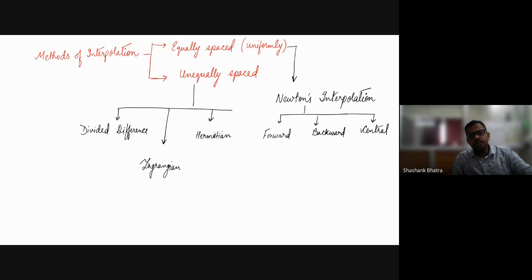Newton's interpolation, forward, backward, or central, is very much used when you have a specific set of data points and you have to find out the value for an intermediate data point. Okay, so there's an independent variable, there is a dependent variable. How we are going to solve these things, we will be looking into in the chapter. So this will be your first unit.